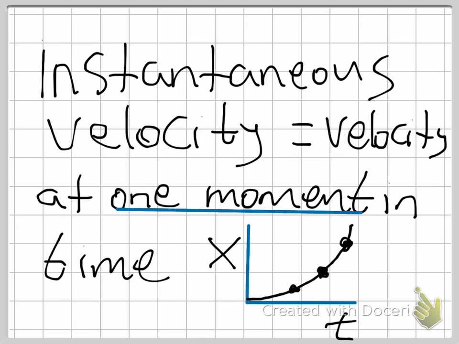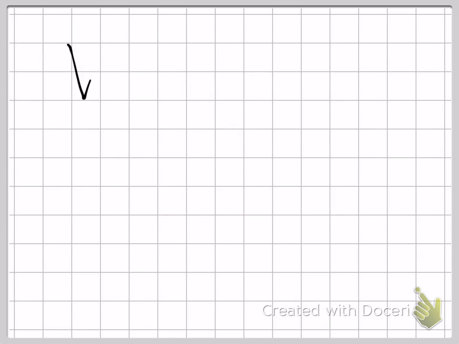So if we want the instantaneous velocity right there, we're going to take an average velocity for those 2 points, and it will equal exactly the tangent at that point. So instantaneous velocity, it is just the velocity at one moment, because we know that this line is curving, so that means the slope all the way up and down here is constantly changing. So that means we are only interested in finding velocity right at this point. That is what we're looking for.